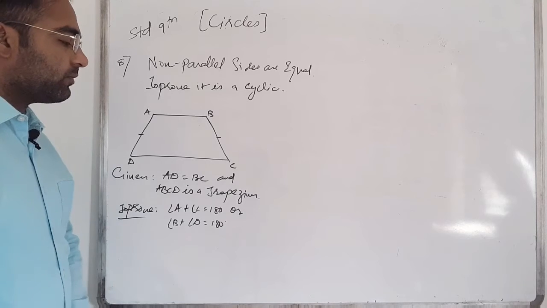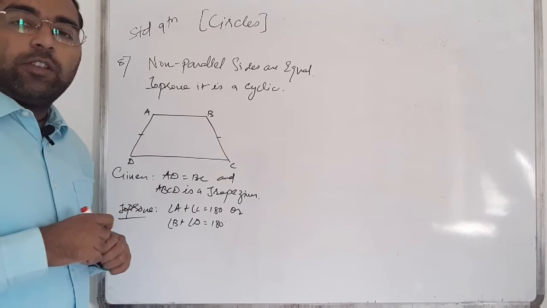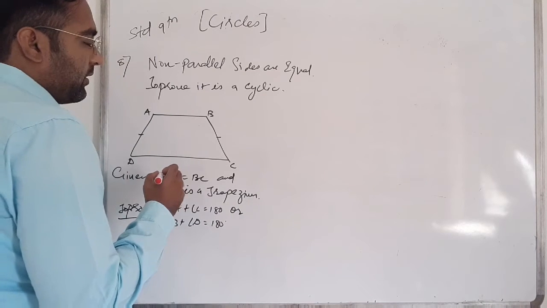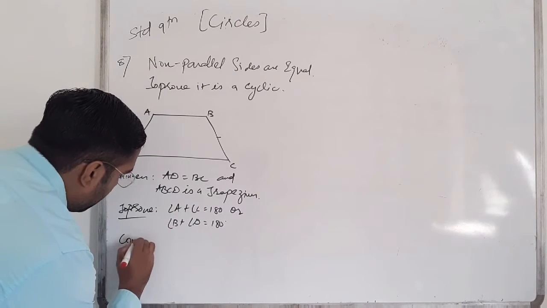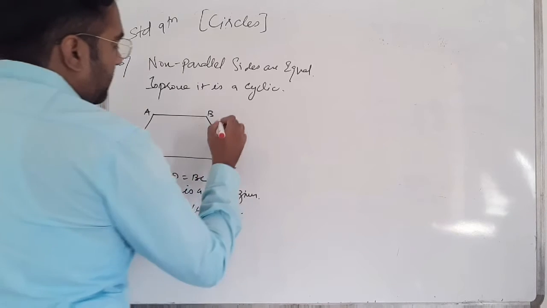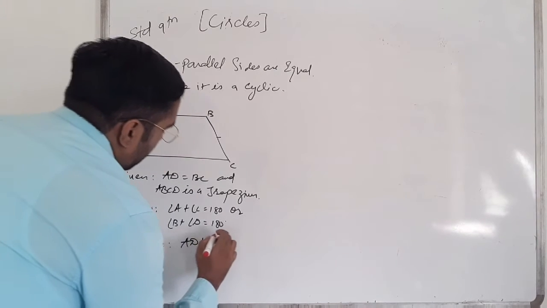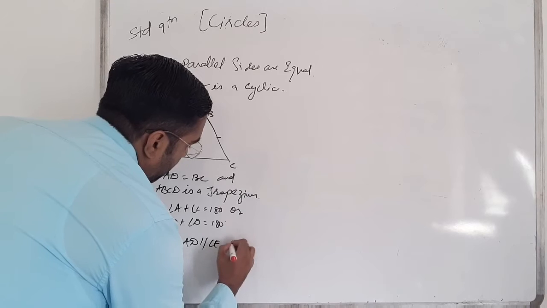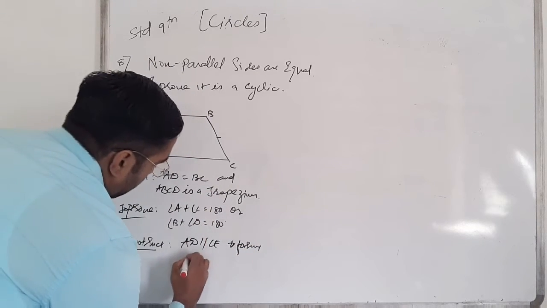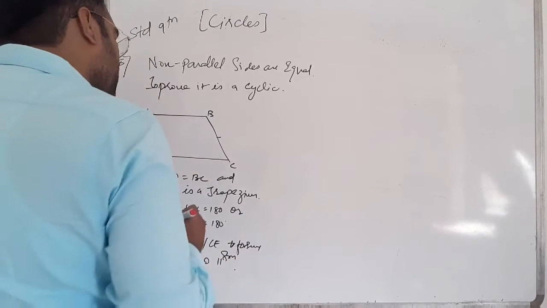Now let's start with the proof. First of all I construct AE parallel to DC... that is, AD parallel to CE, to form the parallelogram AECD.